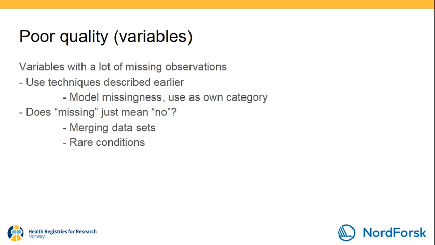So you're just going to have all the facial clefts from the cleft registry, and then you're going to have missing. So we're going to have yes, yes, yes, yes, yes, yes, missing, missing, missing, missing, missing. So in this case, it just means no. And that's not a problem. You just have to know how to interpret it.